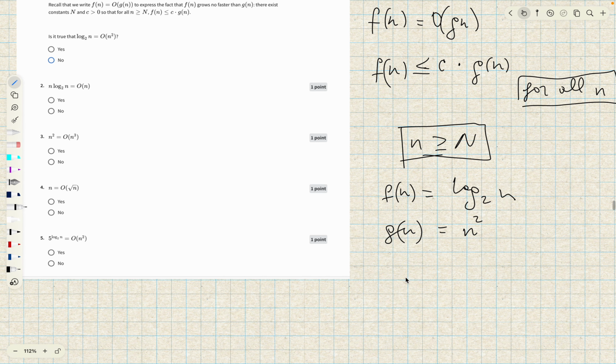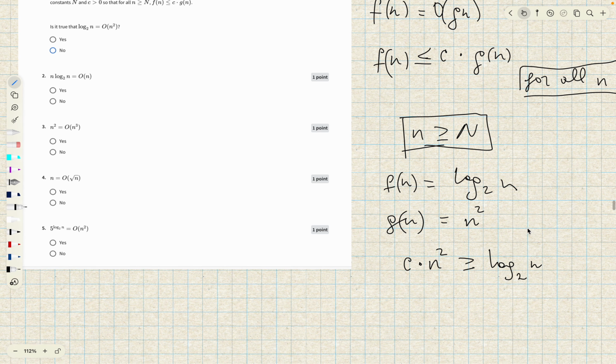And we're trying to solve this inequality: C times n squared is bigger than log 2n.